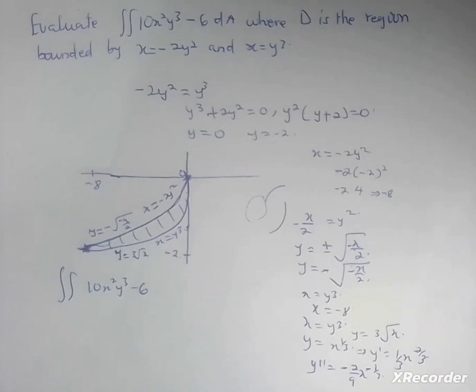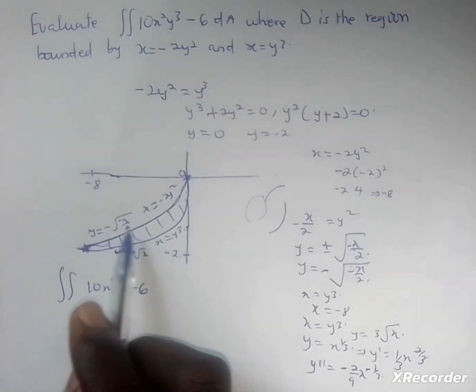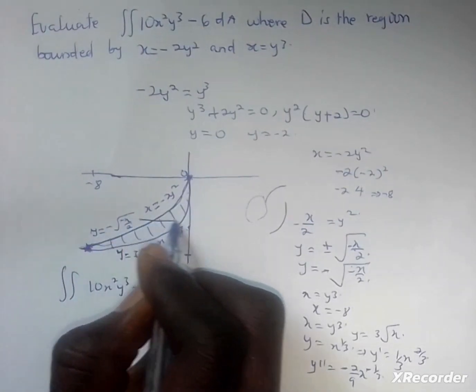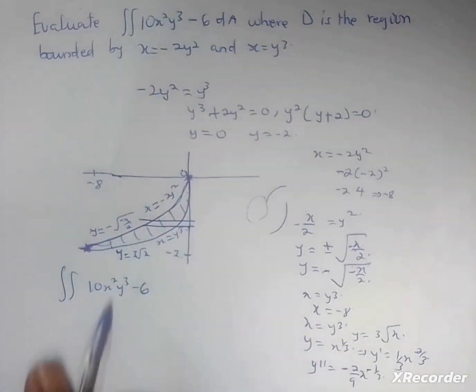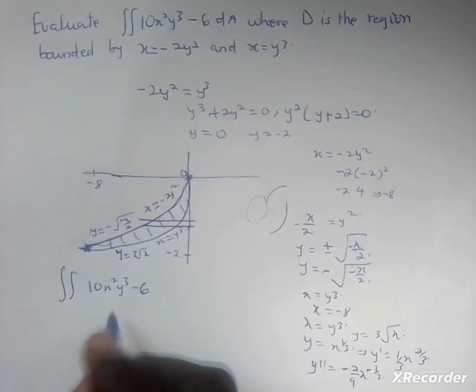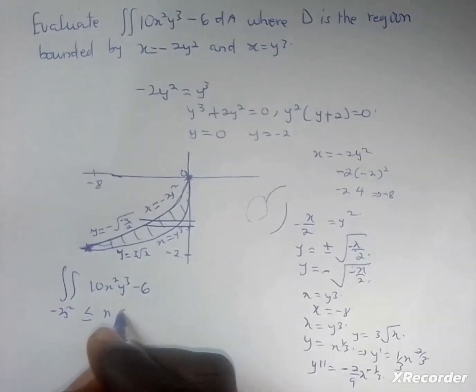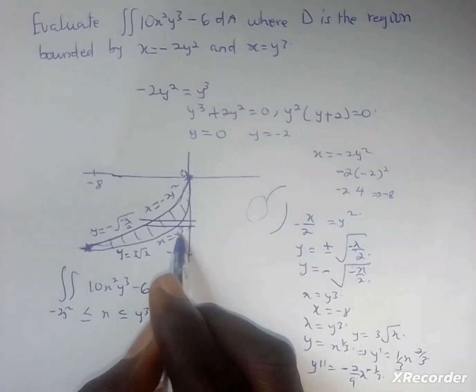I think slicing through the x, if you slice through the y, you get square root stuff here, so you have to get rid of that. So slicing through the x, I'll take this and I'll take this. So I'm going to start from this, meaning x is going to be greater than or equal to negative 2y squared, but less than or equal to y cubed.